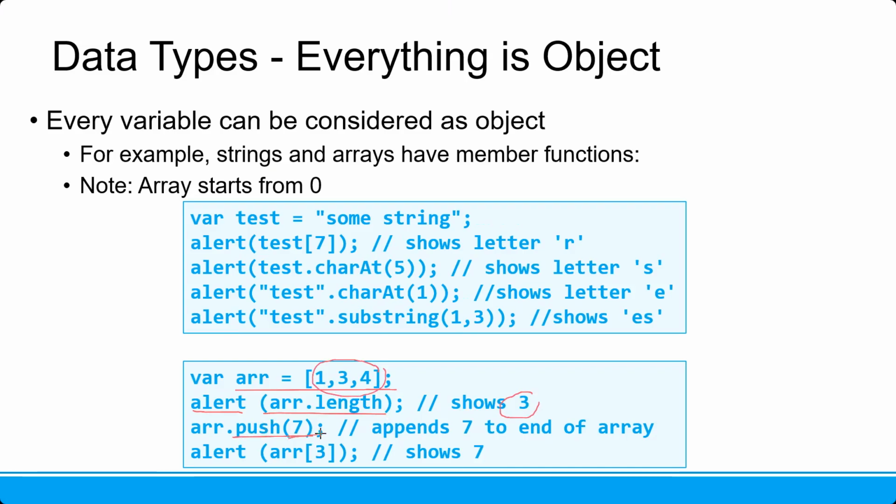The push means I want to add or append 7 to the end of the array. So let's say I want to know what is the position in index 3 of the variable ARR. ARR means 1, 3, and 4. So once we push, we have another value which is 7. So the index 3 will be 7.